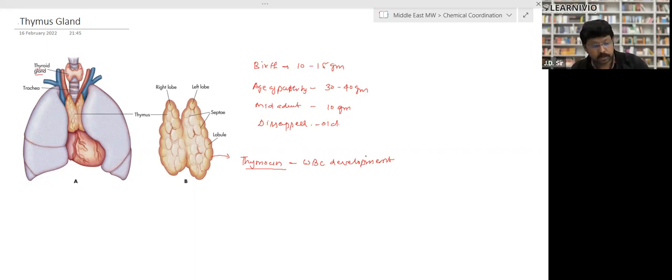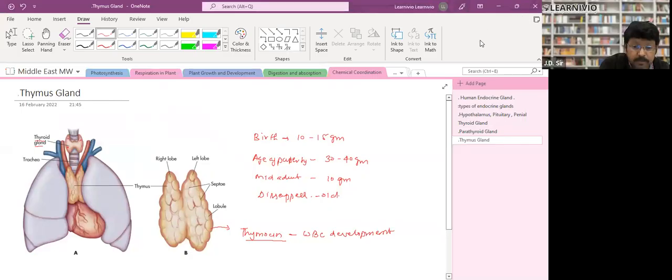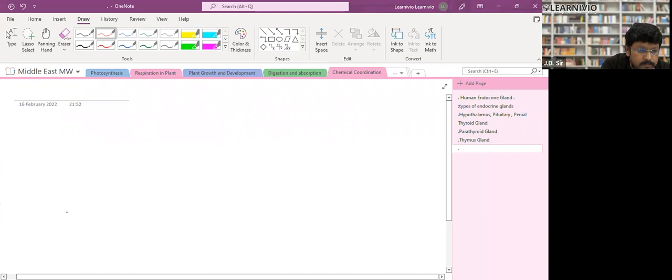Right? So next is the adrenal gland. This is the most important gland in the whole system, and it is a bit complex as well.